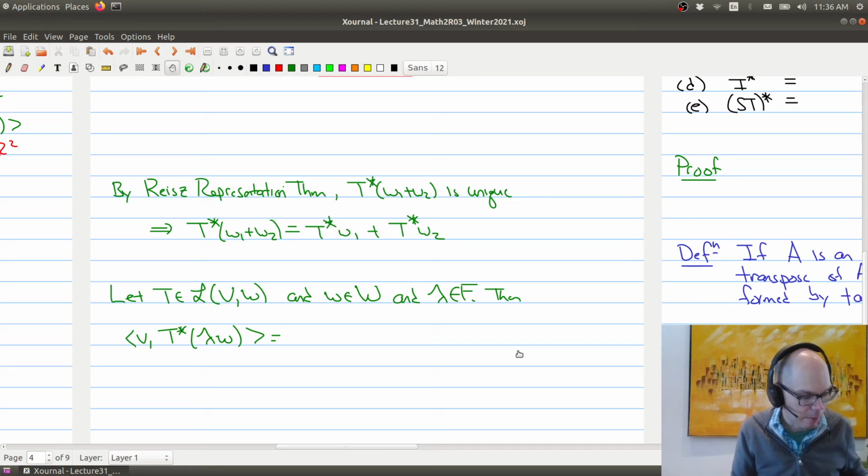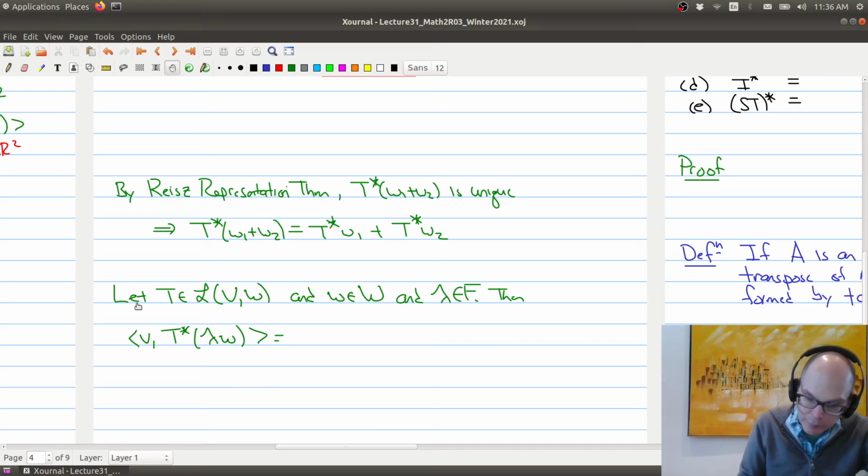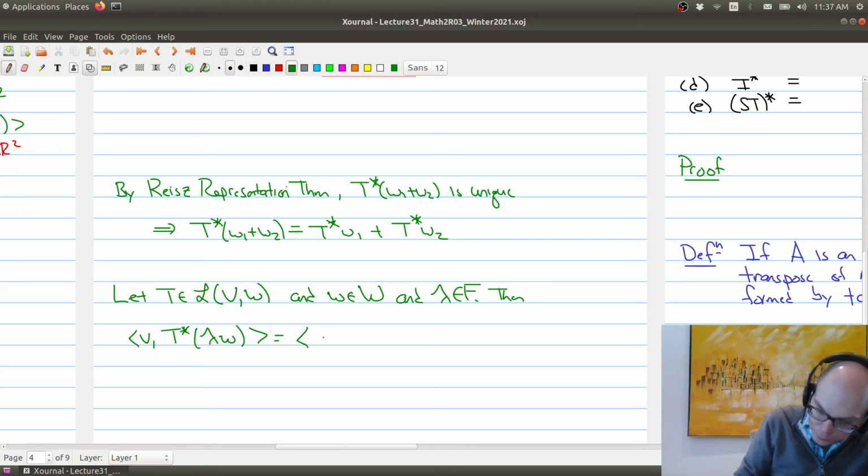It has the same sort of shape. We take a linear operator, we take a W in our vector space and our scalar lambda, and then the inner product of V and the adjoint of T of W scaled by lambda. Well, we can use the definition of our adjoint.